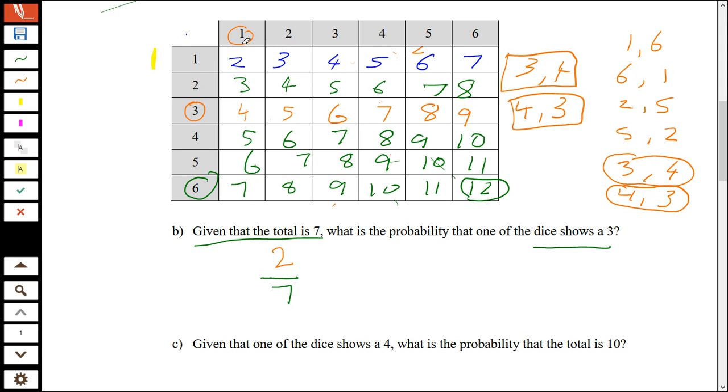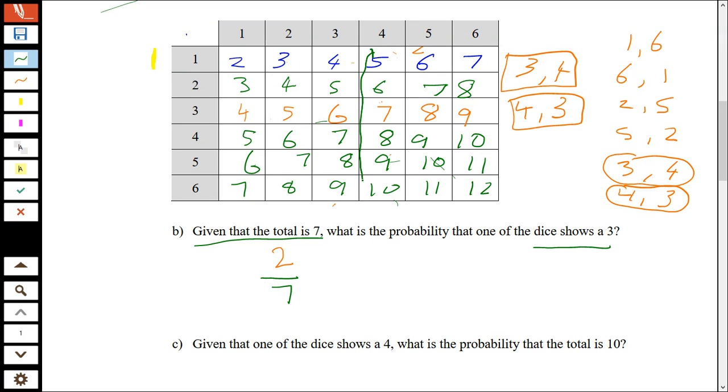Okay, now, there we go. All right, so given that one of the dice shows a 4, okay, so that means what we're going to do is we're going to go to where the 4s are. Okay, here we go.